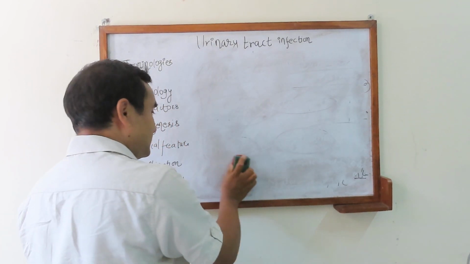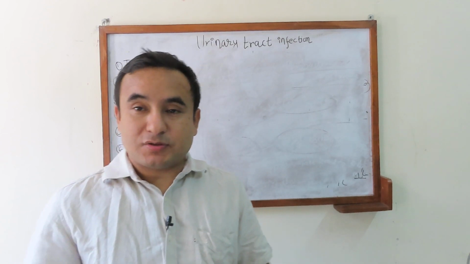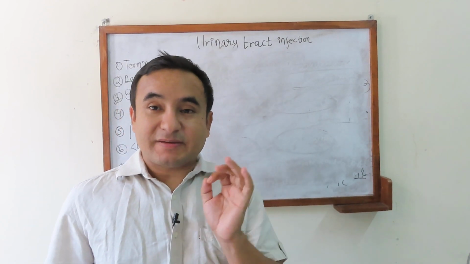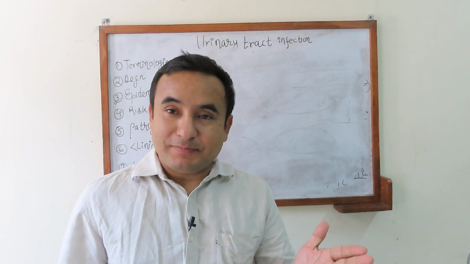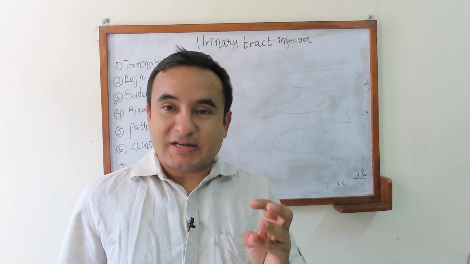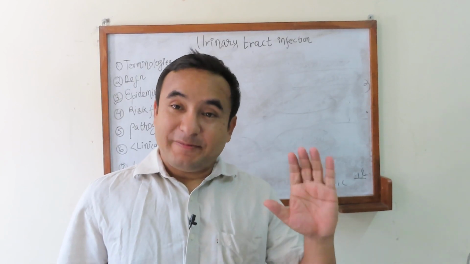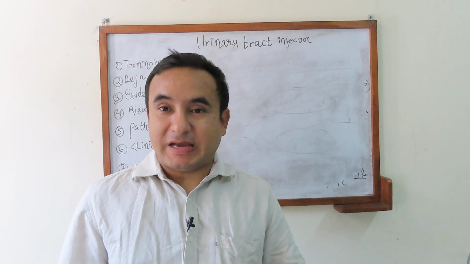So what are the things we have learned till now? UTI is of two types. One is asymptomatic bacteriuria, where there are no symptoms. Another one is symptomatic, that is prostatitis, cystitis and pyelonephritis. We have also learned about the epidemiology, risk factors and pathogenesis of UTI.